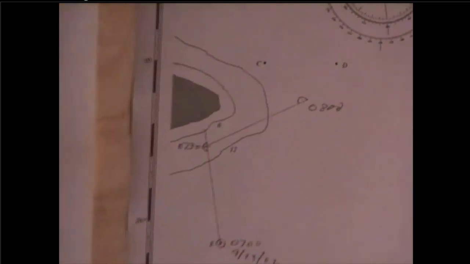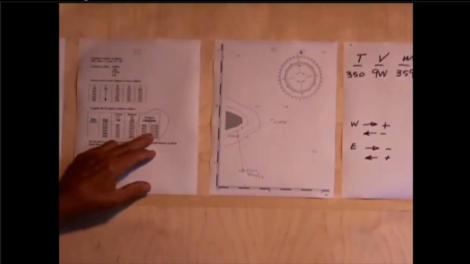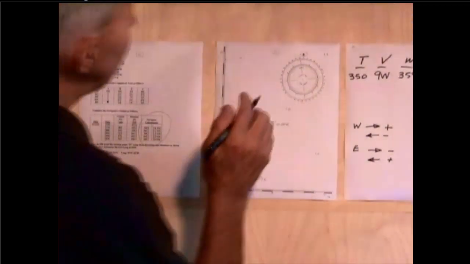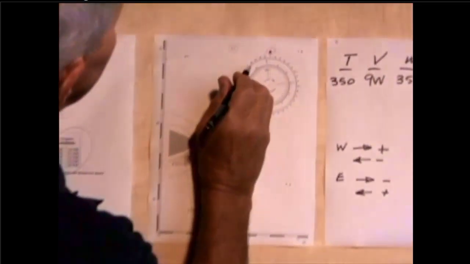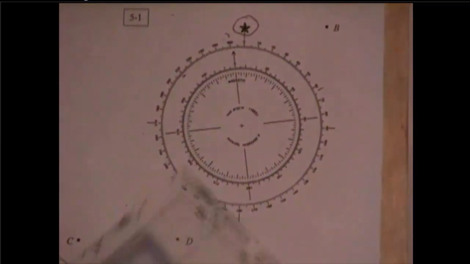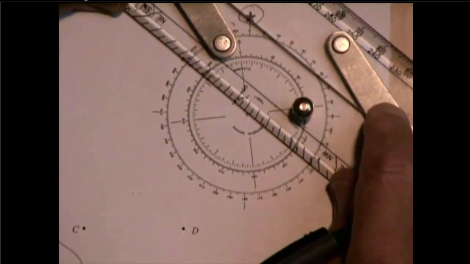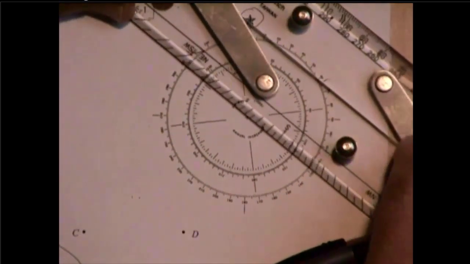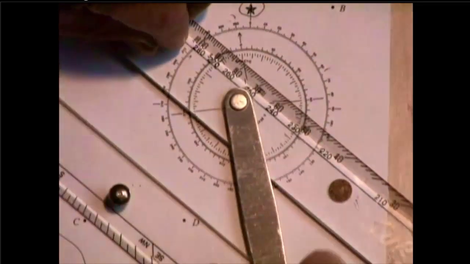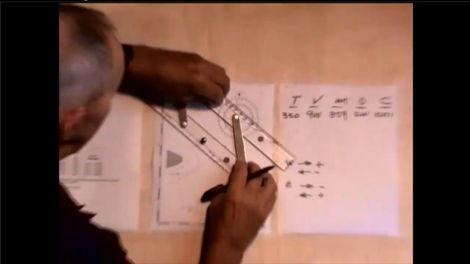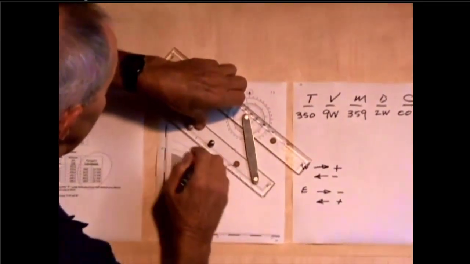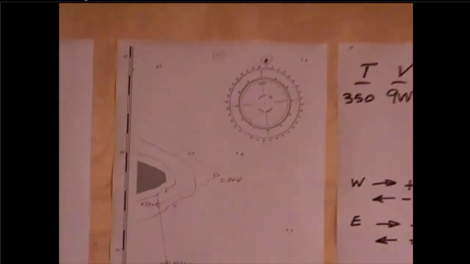Likewise, I do the same thing with the next, 309 true for 3.4 miles. And here is 310, here's 309. So I set this in with the parallel rules. Bring it down to my DR point, drawing the course line.